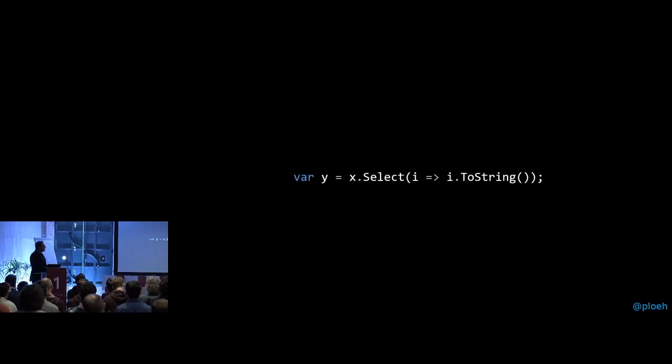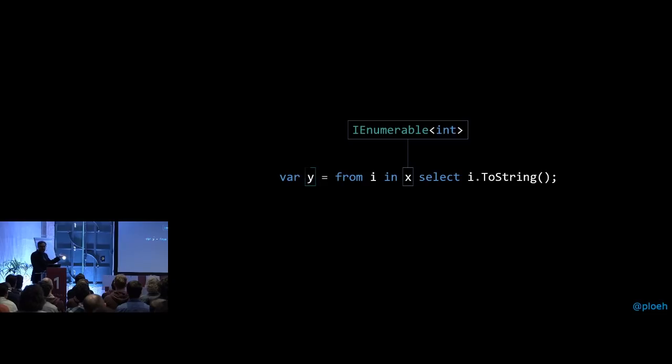All right. We can actually do more with this. So far you've seen me use this syntax, but we can also rewrite all the expressions that you've seen so far to query syntax. And this is a syntax most people associate with database queries, but it works on, if x is any enumerable of int, then y is inferred to be an enumerable of string. But it turns out that now we've added those select methods, this also works for Lazy<T>, and it also works for Task<T>.